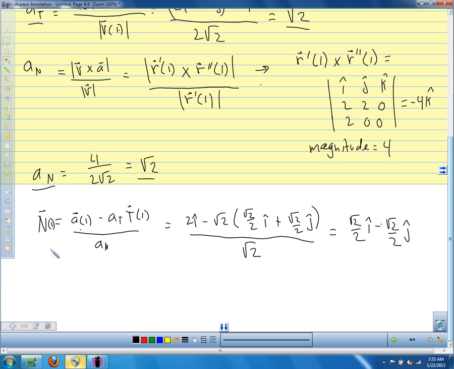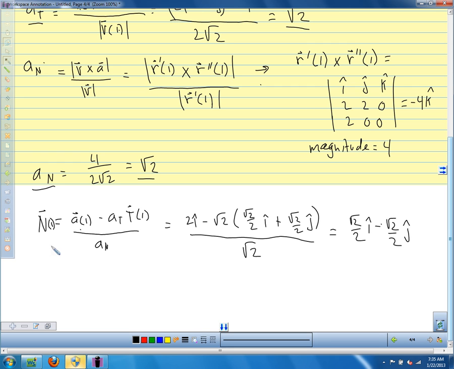So what do you notice about these calculations? They're kind of tedious? Yeah. Tangential and normal components of acceleration, the calculations are on the tedious side, I will admit that.